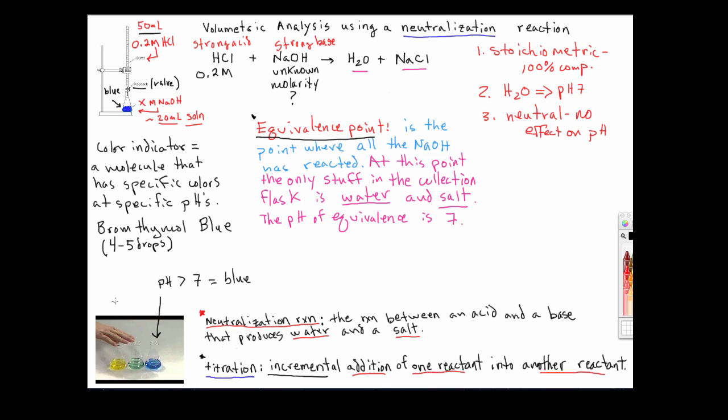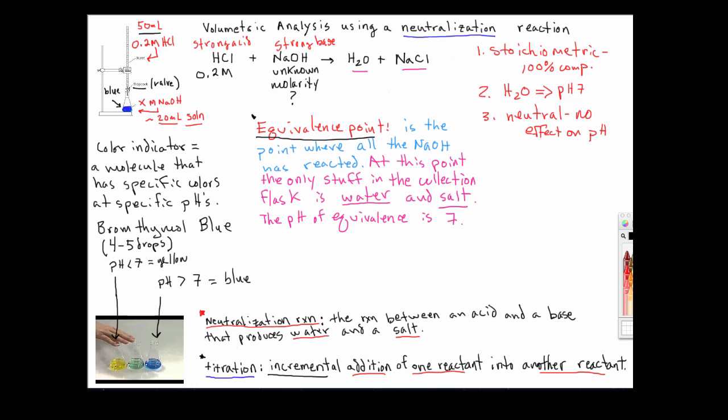Now, the flask on the far left, the yellow flask, this is the color of bromethymol blue when the pH is less than 7. So this would be the color, which happens to be yellow, all right, under acidic conditions.